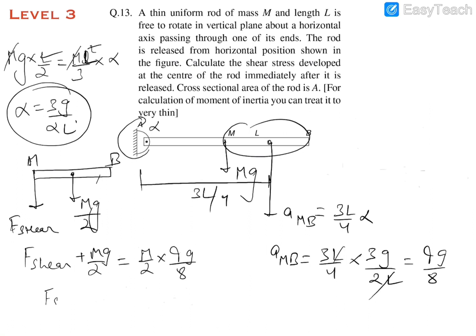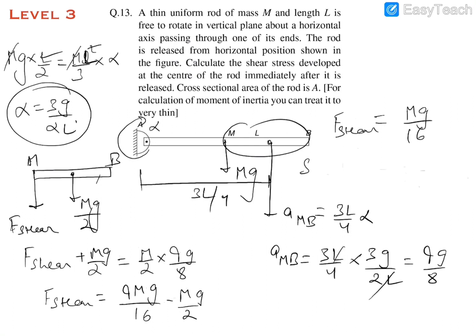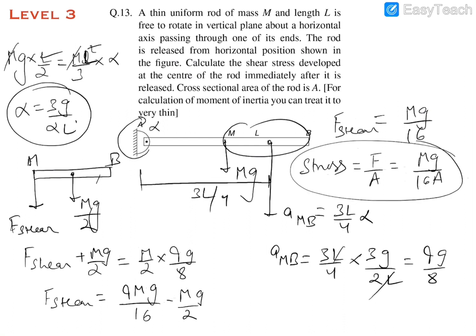So F shear will be equal to 9mg by 16 minus mg by 2, so F shear will be equal to mg by 16, and therefore the shearing stress developed will be F upon area. So this is mg by 16A. So this is the required shear stress. Now we move on to the next question.